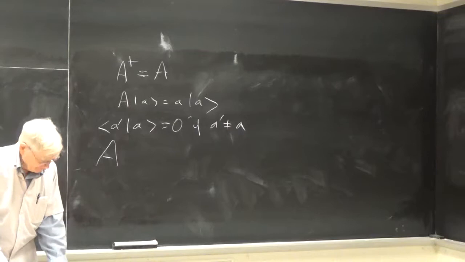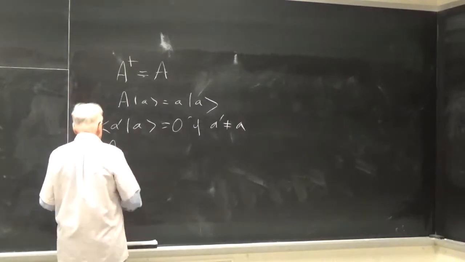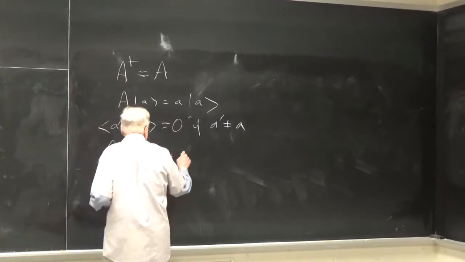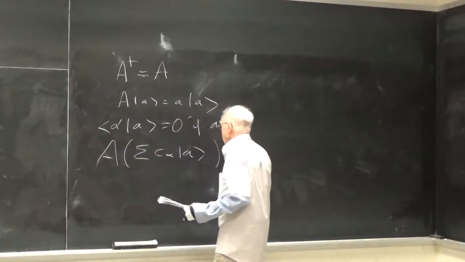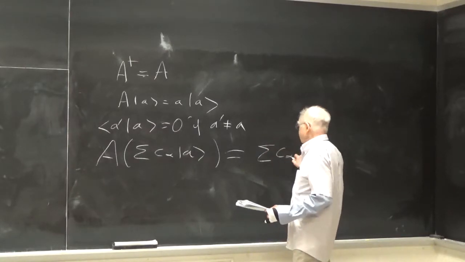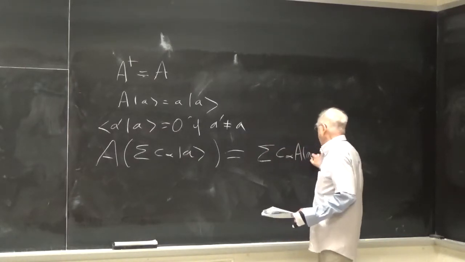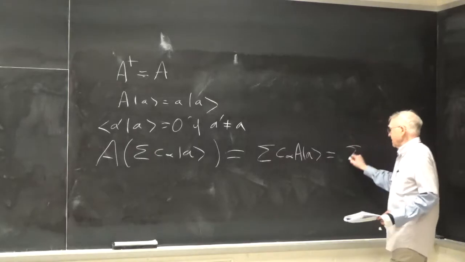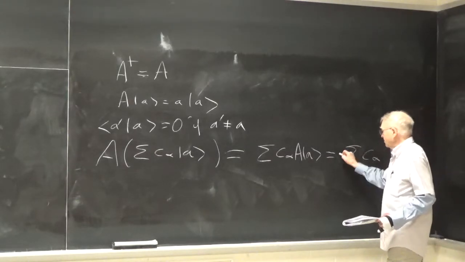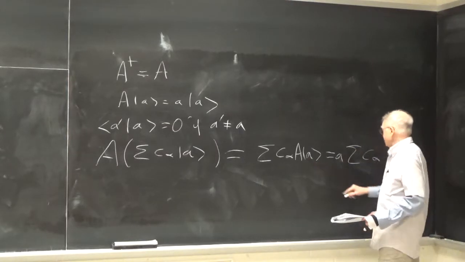And if there are several of them with the same eigenvalue, and you take any linear combination of them, this is going to be a sum of C alpha A acting on the eigenvector, which is then the sum of C alpha, and there's altogether just one A because it's the same.